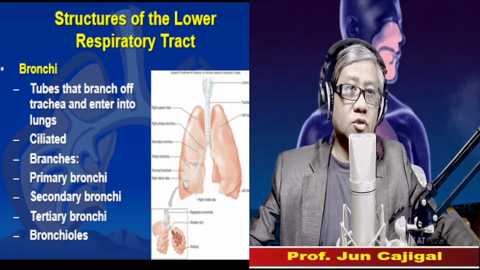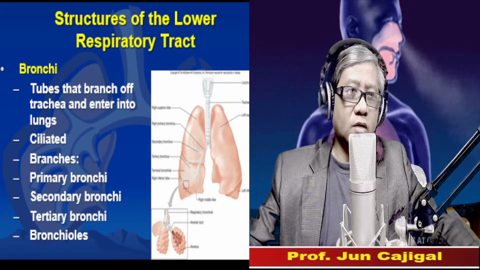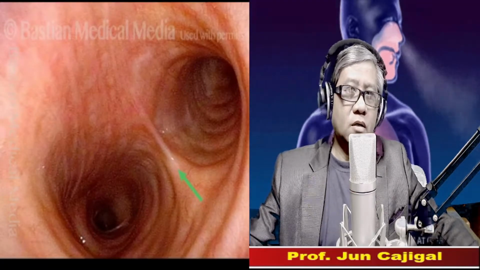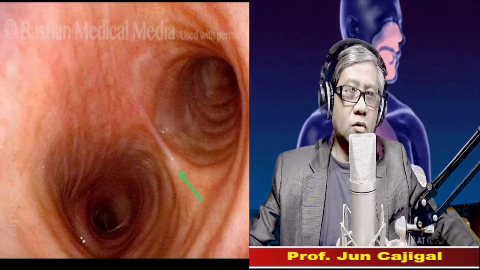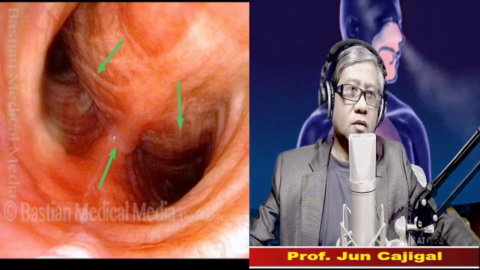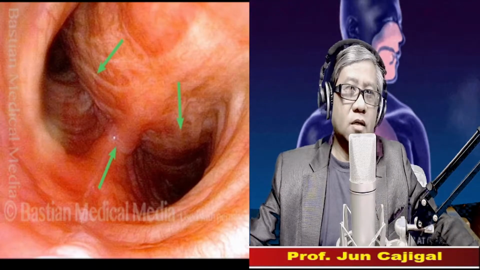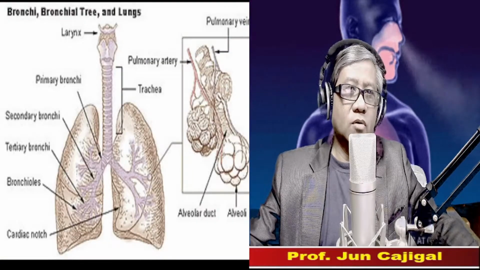And eventually, the tertiary bronchi branch off into bronchioles, leading into the alveoli. So here is an endoscope photo of the trachea branching off into two tubes called the bronchi. Those are the two tubes at the base of the trachea.